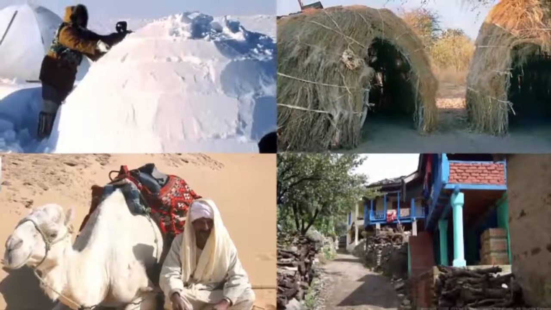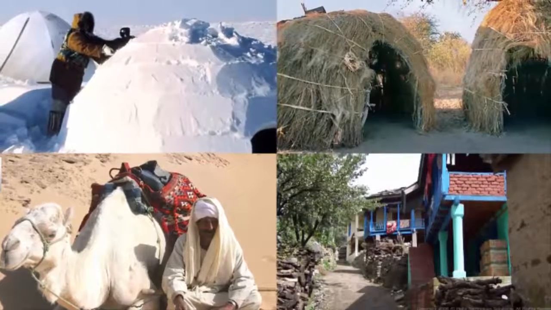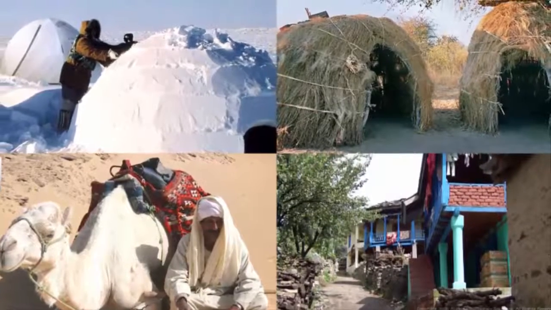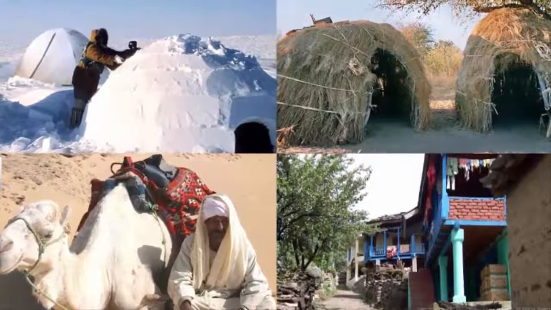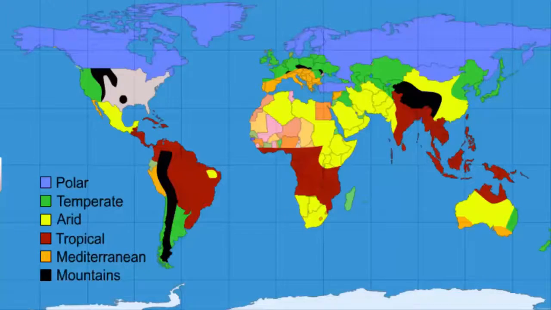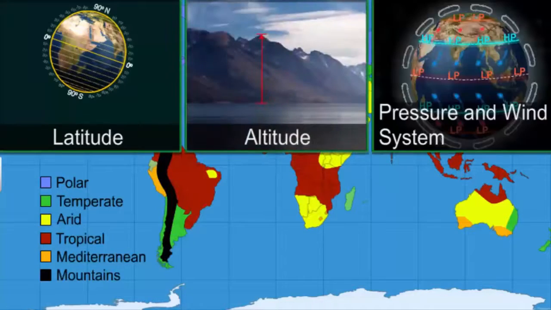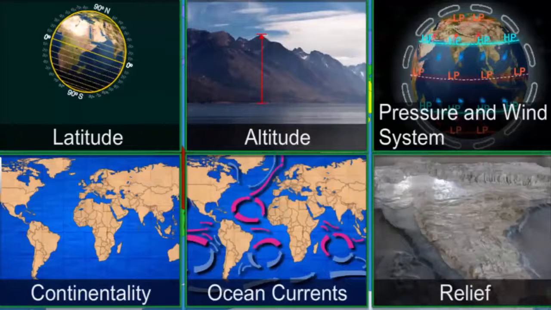The climatic conditions also influence the lifestyles of the people living in these regions. There are many different factors that affect climate around the world. These factors are often referred to as controls.